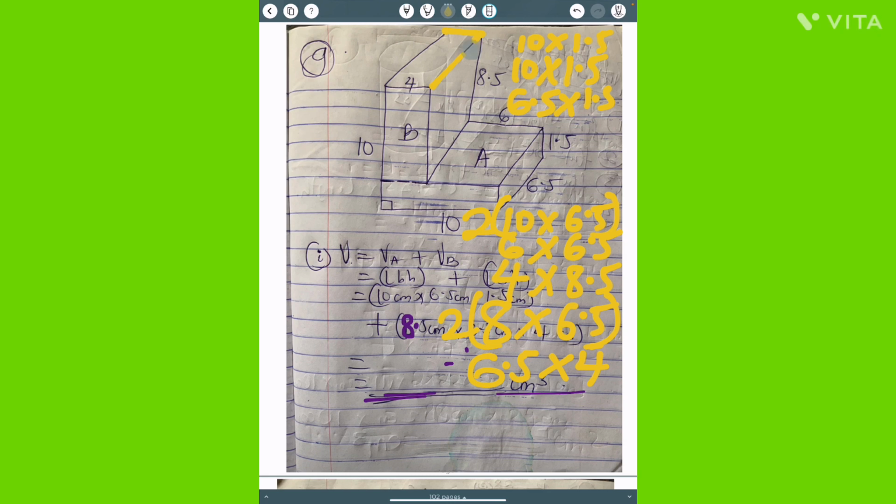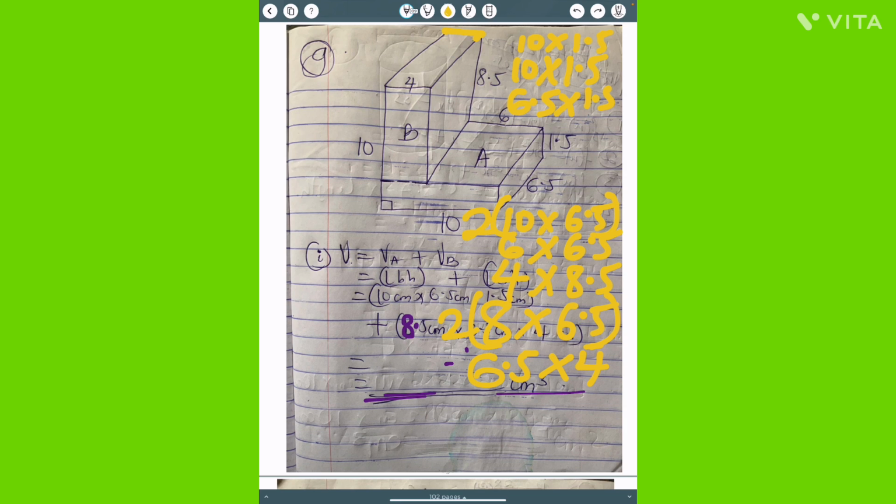6.5 by 4. Then lastly, I've done this side, this face, this face here. 8.5 by 4, I've done.